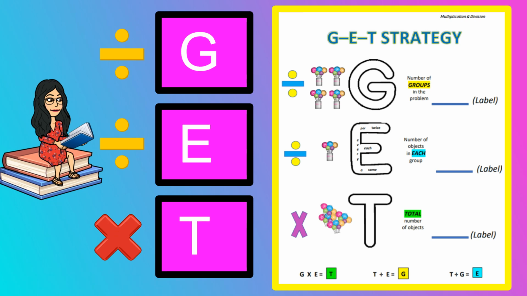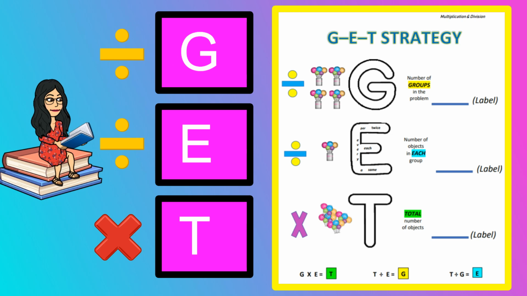If you're trying to find the number of groups, if you look at the symbol, it's telling you to divide. You would take the total number of objects, divide it by the number of objects in each group. To find the missing group, that's what you would do.